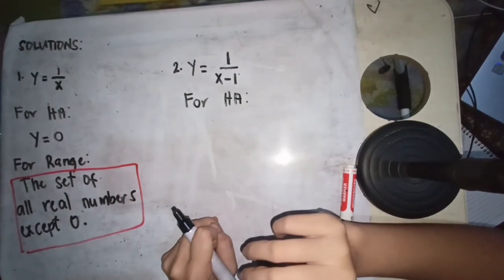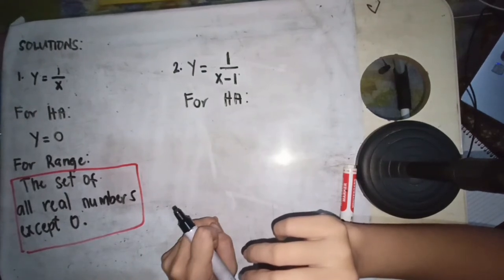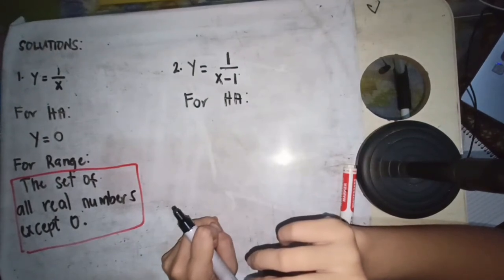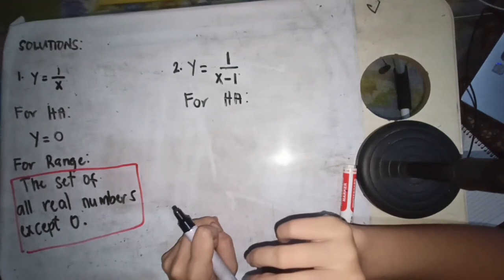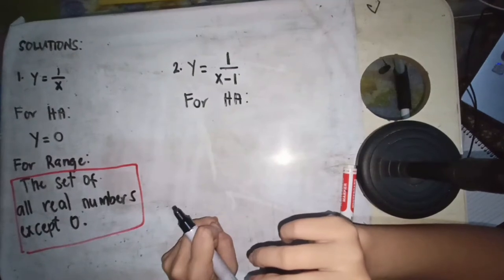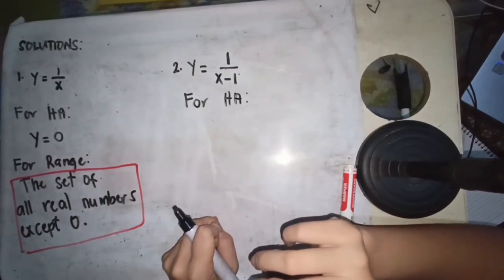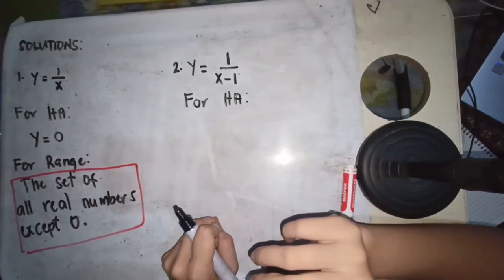If the degrees of the numerator and denominator are equal, then our horizontal asymptote is y equals the ratio of the leading numerical coefficients of the numerator and denominator. And if the degree of our numerator is greater than the degree of our denominator, then we'll have no horizontal asymptote.